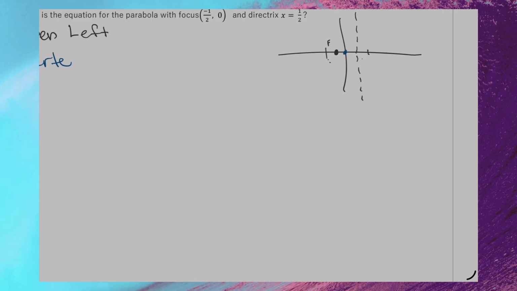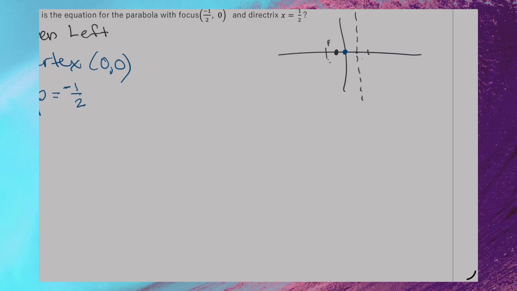Okay. And we know the focus. And what is P? P is the distance, right? From the vertex to the focus, from the vertex to the directrix. Now, it opens left, so P will be a negative. Okay.